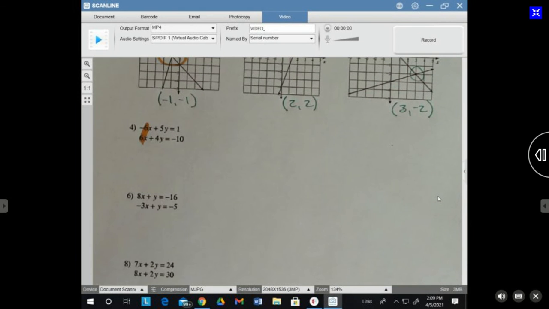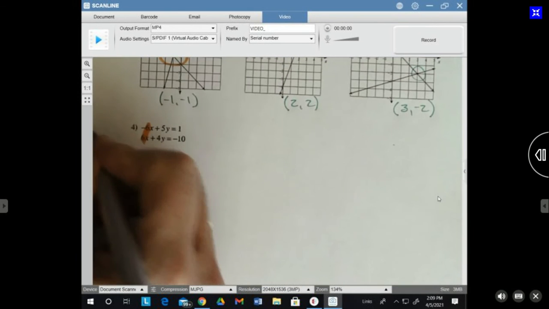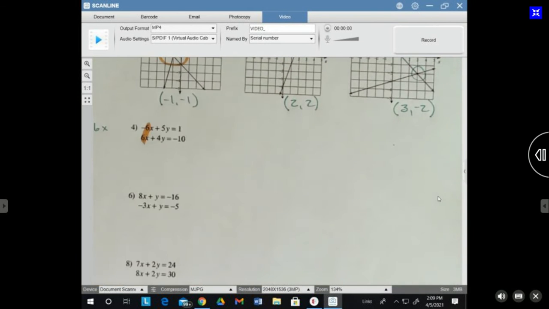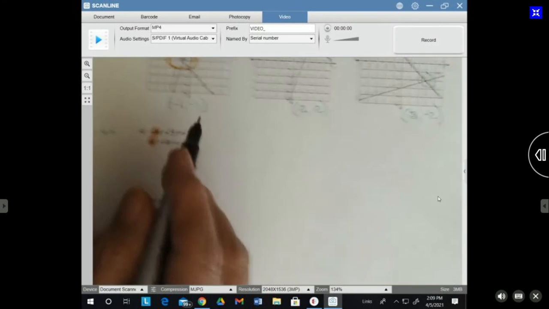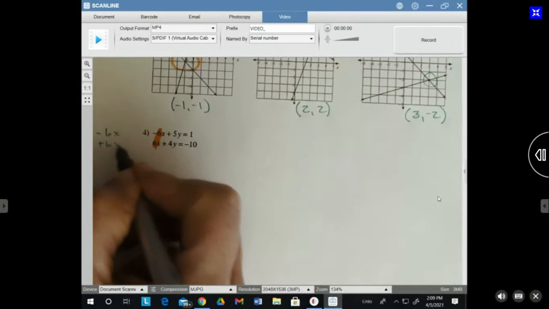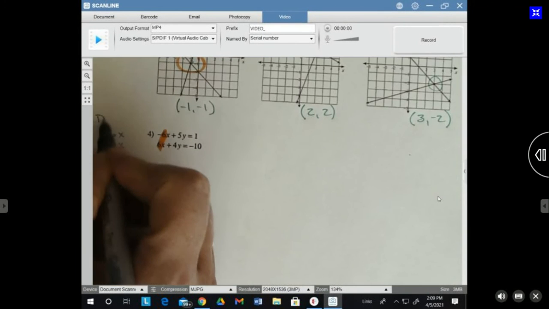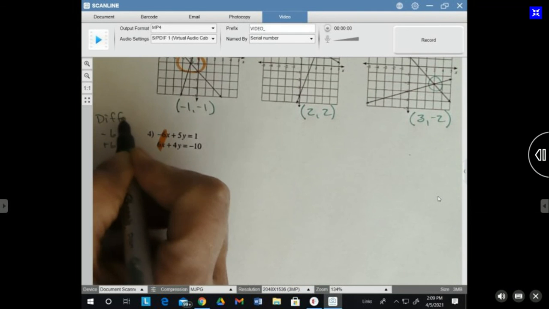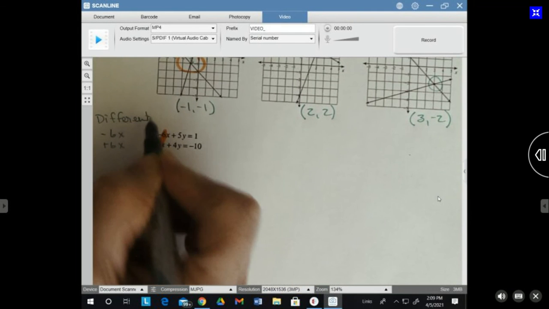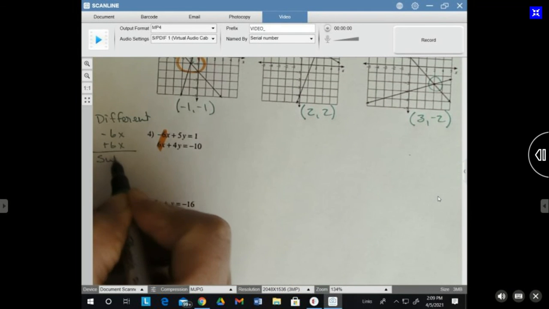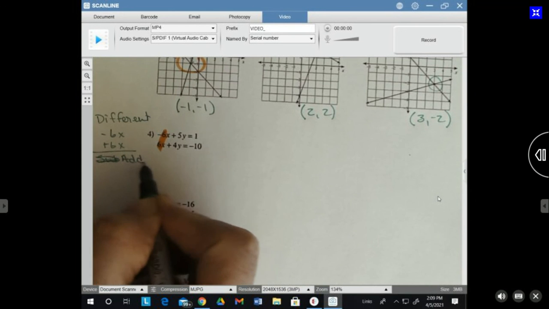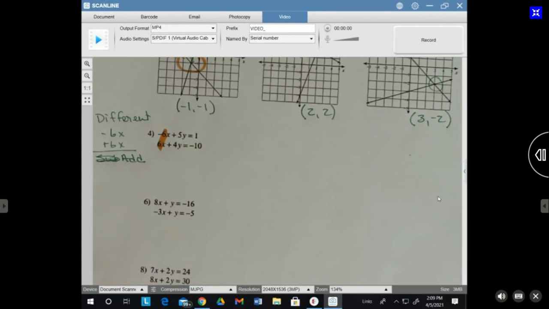Now on my top one, I've got a negative 6, and on the bottom, I've got a positive 6. So that they are different tells me that I should add, right? Signs are different means we add.